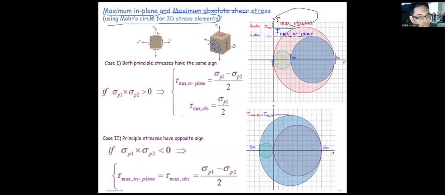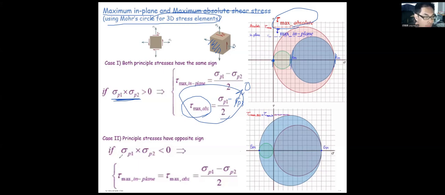For this case, sigma 1 and sigma 2 are both positive, and the absolute maximum shear stress equals sigma 1 minus sigma 3, and sigma 3 equals 0.